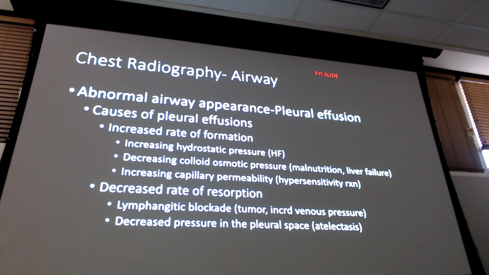We see pleural effusion in the patient with liver failure because of the decreasing osmotic pressure, so you have more pleural fluid being created. Increased permeability of the capillaries, like an allergic reaction, somebody who recently went through anaphylaxis or something along those lines could be prone to pleural effusions. And then less likely lymphatic blockade, so tumors primarily, like lymphoma, that kind of thing can cause it.